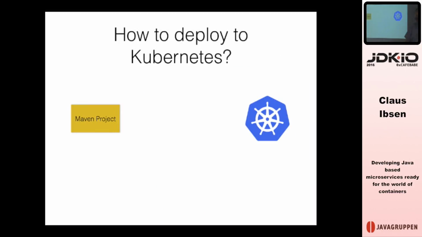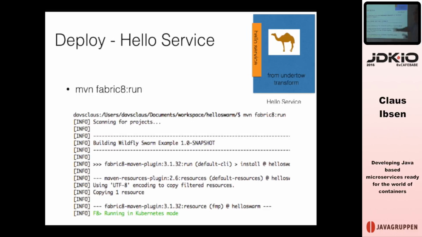So let's do that. Now we have built our source code. We have made it using a Kubernetes service, but how do I take that code and run it inside Kubernetes? You use again the Fabric8 Maven plugin. It has a goal called run, so it can do everything for you, deploy it on the cluster and run it.